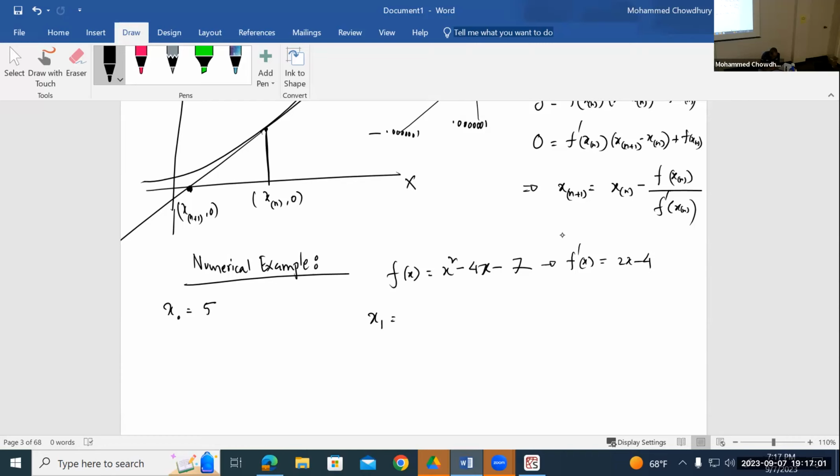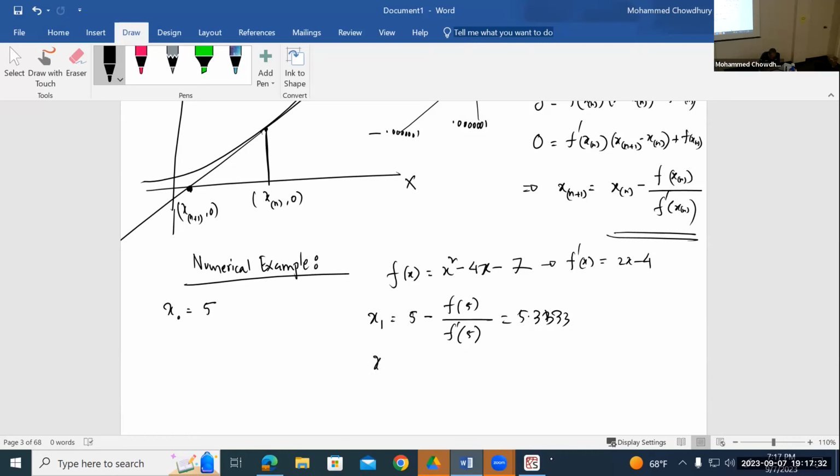So now I want to put here 5 minus f of 5 divided by f prime of 5, right? According to this formula, right? And then I got here 5.31, 5.33, something like this.